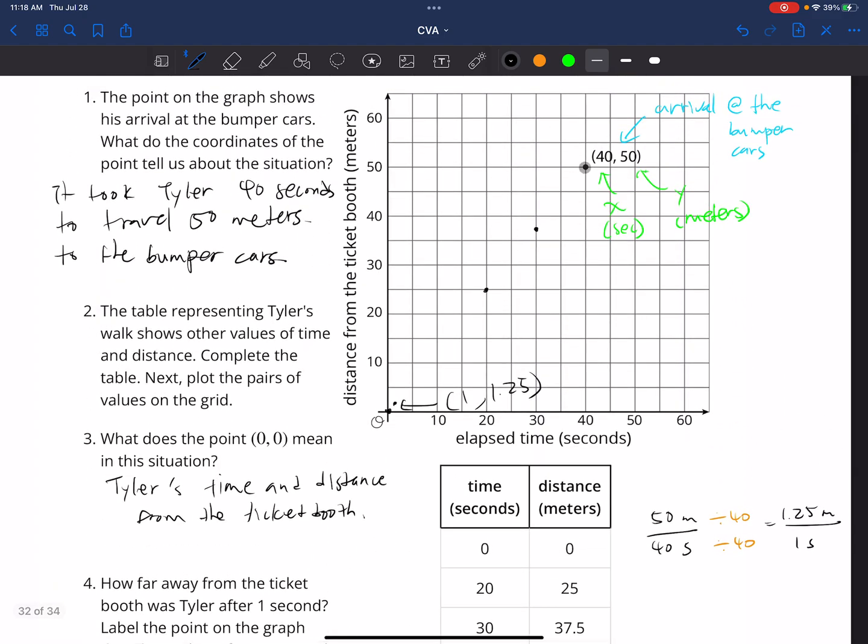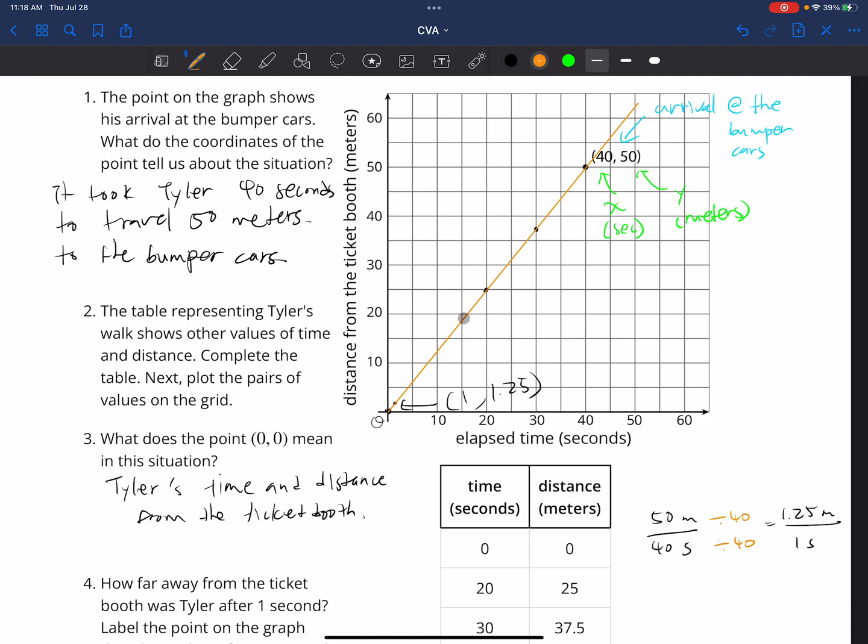Now, if you all want to see this happen, I'm going to see if I can draw a straight line from here to here. And voila. As you can see, that is my line. Ladies and gentlemen, that is my line for a proportion.